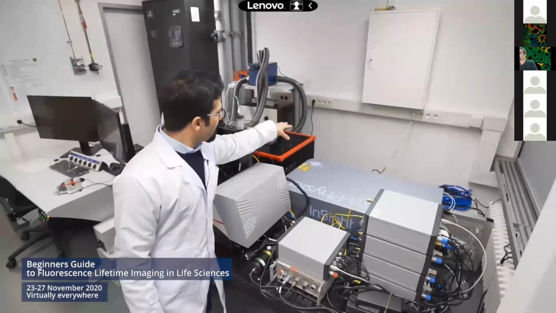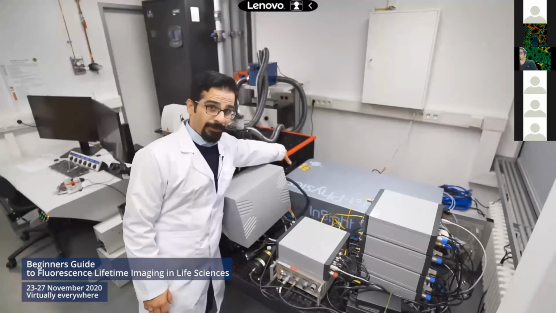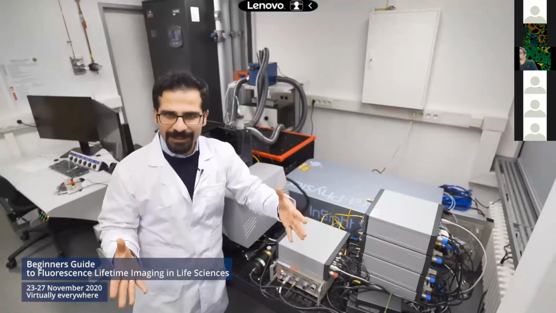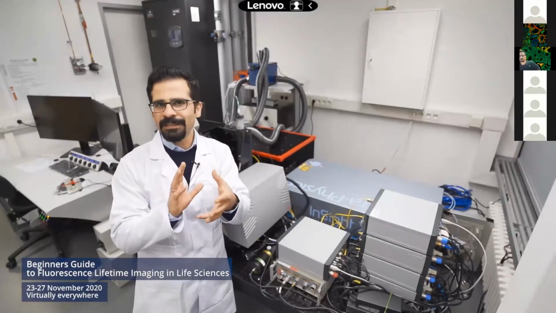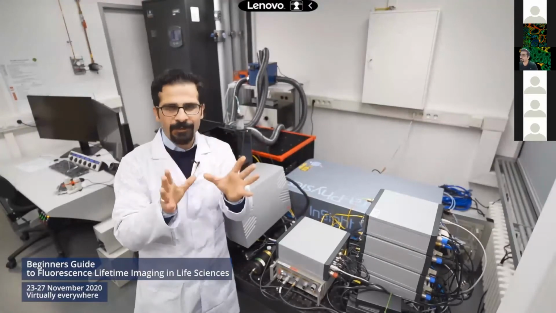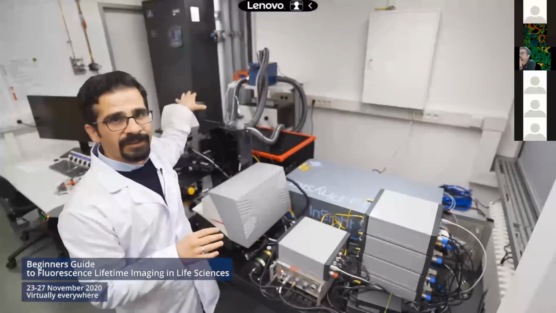The emitted infrared laser travels through this black-red box, which we just call the black box. We don't want to know what is inside. It's enough to know that it's shaping the beam and modulating some factors of the laser line, and so on, but then everything is guided toward the scan head.